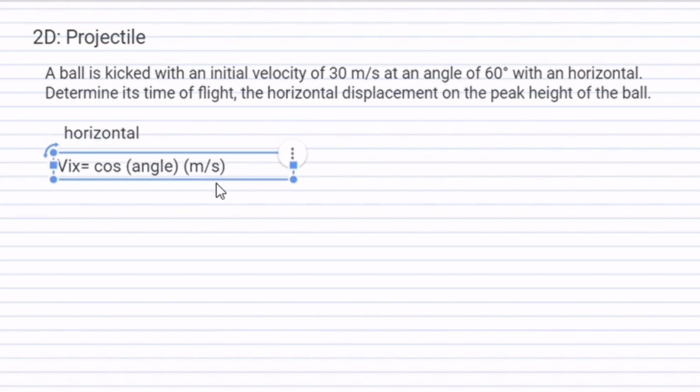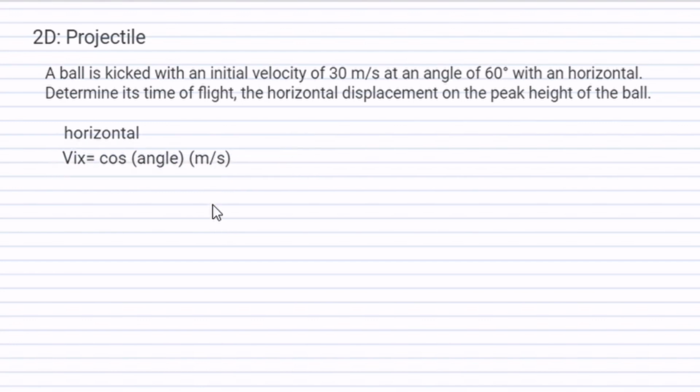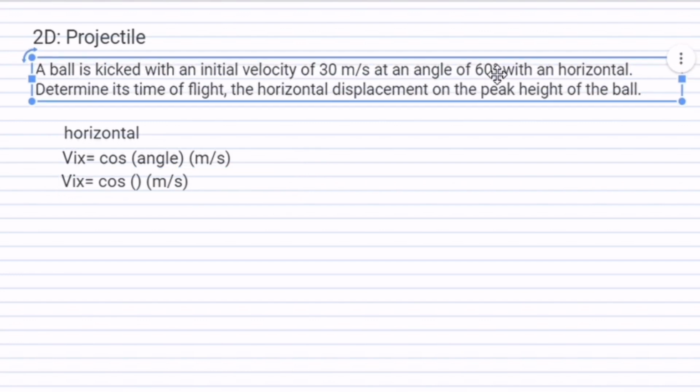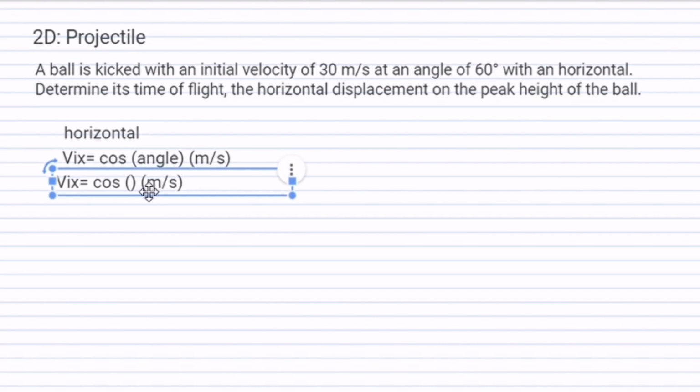Here we go. And then we're just going to put the givens into this. Substitute. So the angle is 60 degrees, and the meters per second is 30.